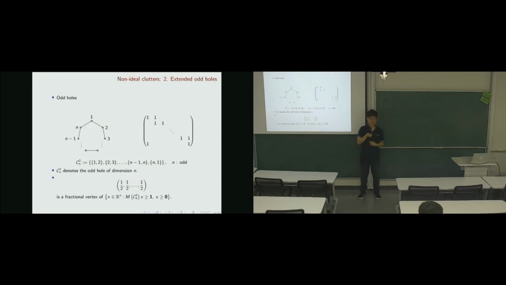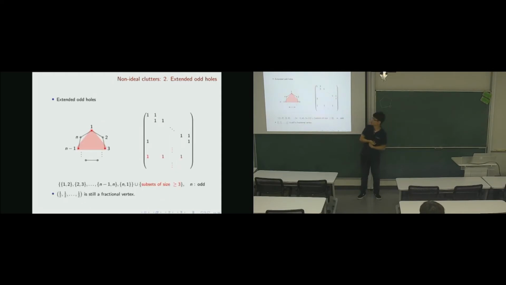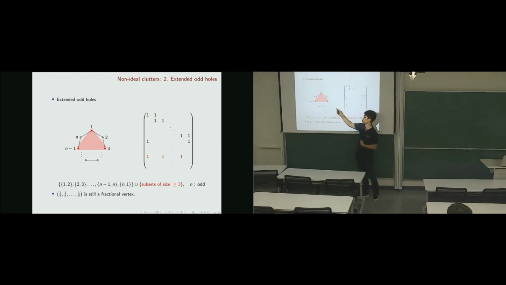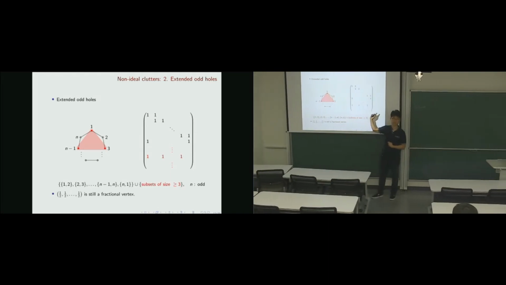I can slightly modify odd holes by adding some minimal hyperedges. Okay, as long as a hyperedge is minimal, you can add it to the graph. Okay, but this is still non-ideal because the same 1/2 in every coordinate point is a fractional vertex.